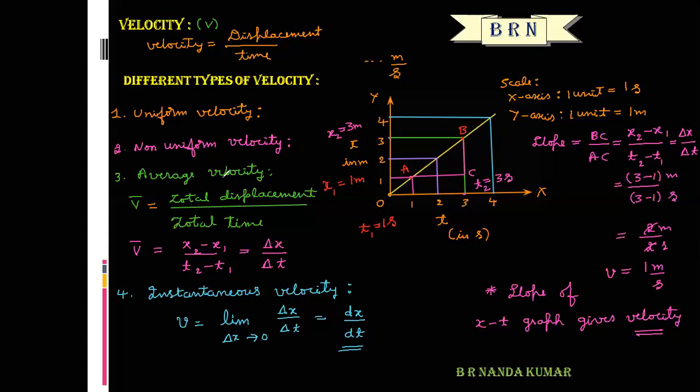Average velocity means the ratio of total displacement to the total time taken. Instantaneous velocity means the velocity of a particle at any instant of time.